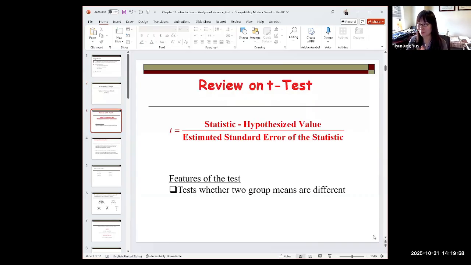So let's move on. As I mentioned, the t-test and ANOVA test are both tests for comparing different groups. The t-test looks at the differences between two groups and two conditions, right?